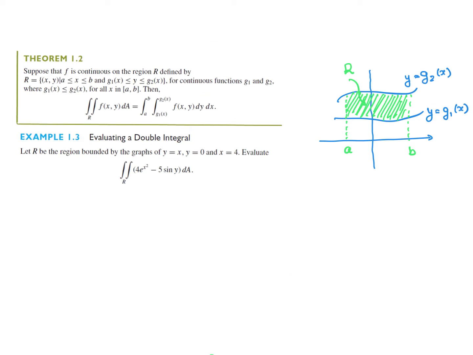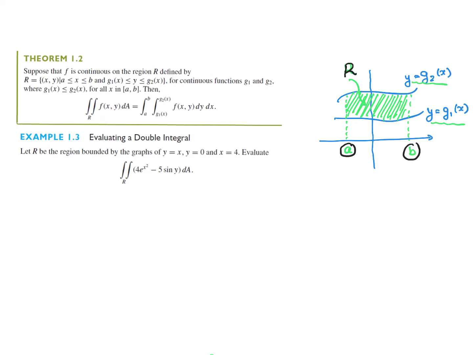Okay, so the second situation we can have is a region R, which is between two curves, one y equal g1 of x, the lower curve, and an upper curve, y equal g2 of x, and then the values of x go from A to B. So that is the region R this time.